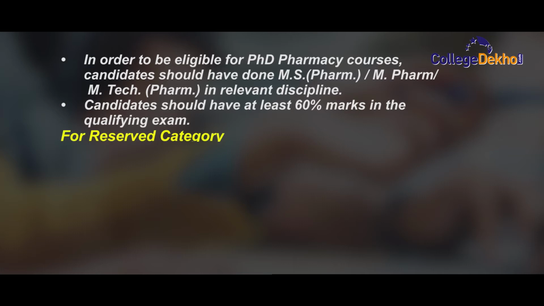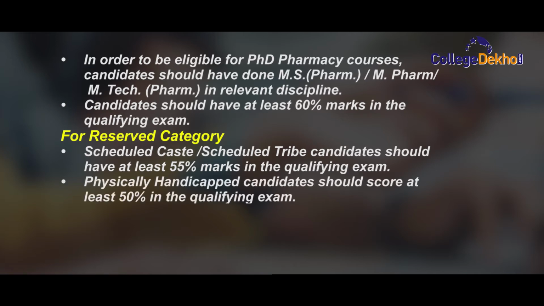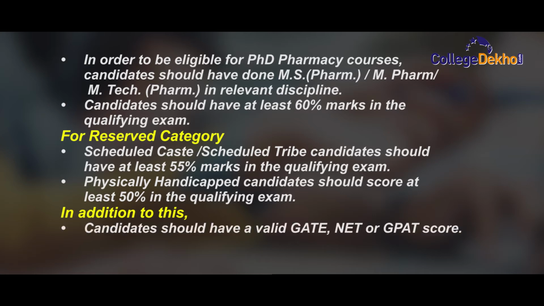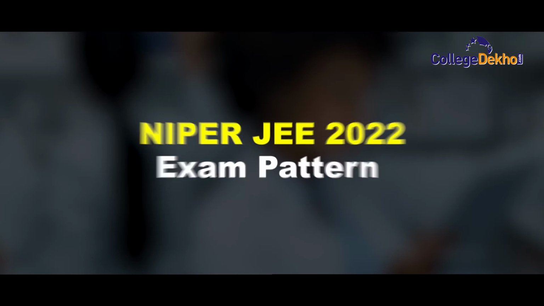For reserved category, the candidate should have at least 55% marks in the qualifying examination. Also, physically handicapped candidates should secure at least 50% in the qualifying examination. In addition to this, candidates should have a valid GATE, NET or GPAT score. Also, final year candidates are eligible to apply for the entrance exam.